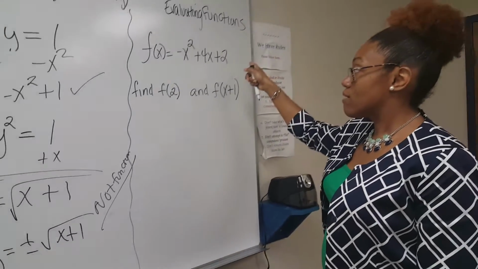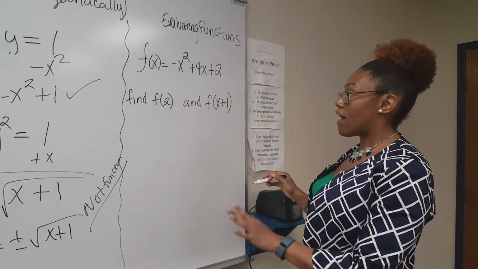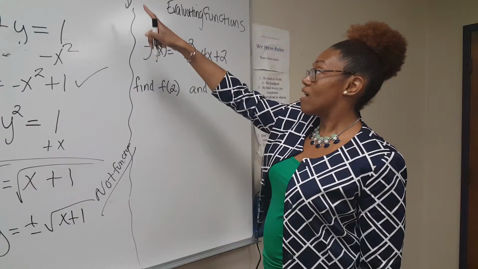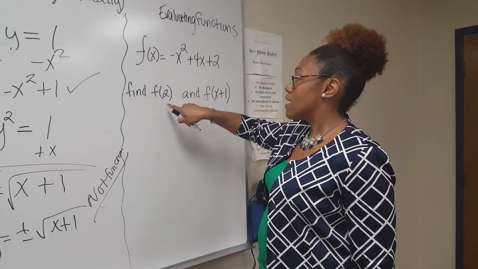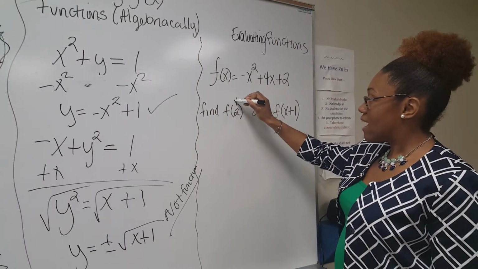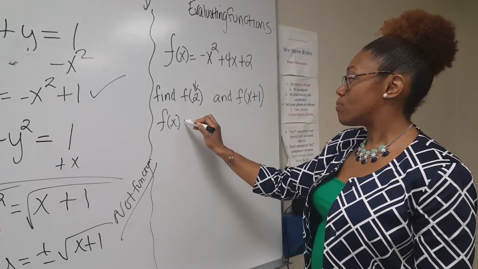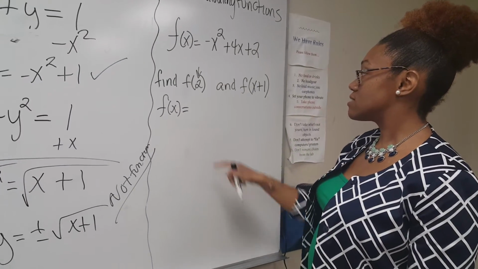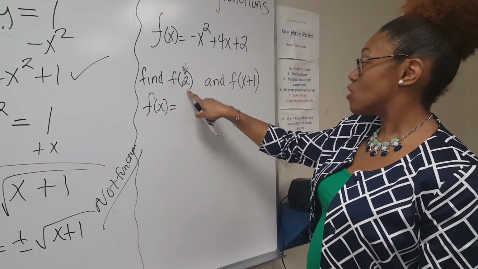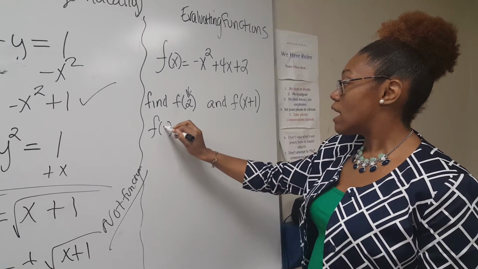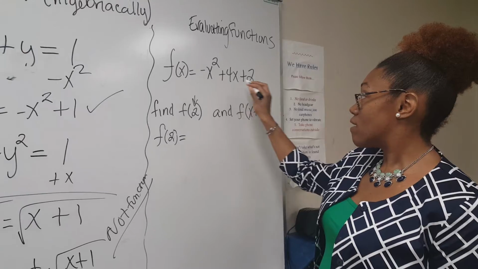So evaluating functions. So in order to evaluate functions, remember I said f of x equals y. Well, wherever you have an x, or whatever their f of x is, you plug in that number for x. So this is f of 2. So to find f of 2, I will plug in 2 wherever I see the x.